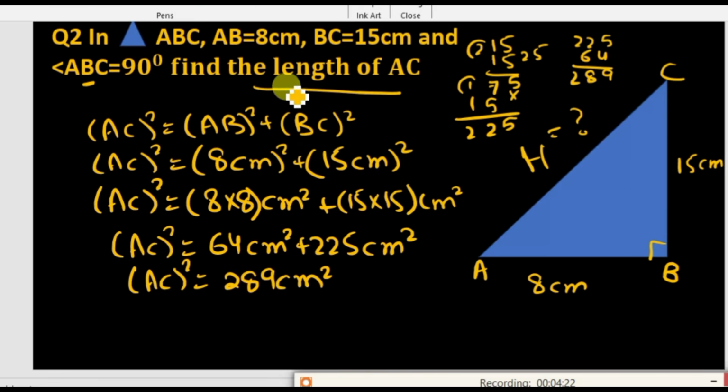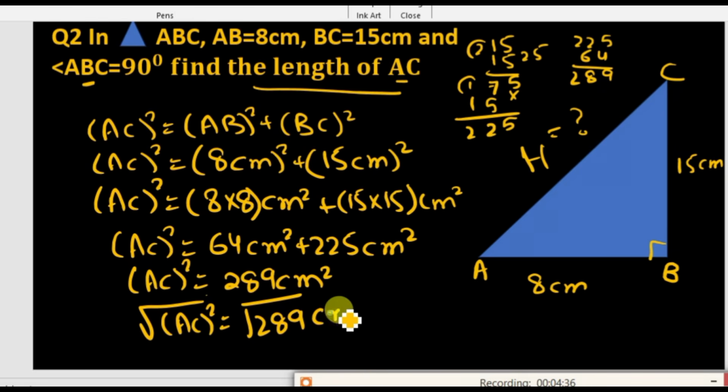But we have to find the value of AC, not AC square. Remember, by applying square root on both sides, AC square is equal to square root of 289 centimeter square. Which number multiplied by itself gives 289? It is the easiest one.